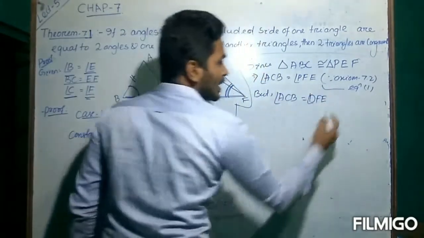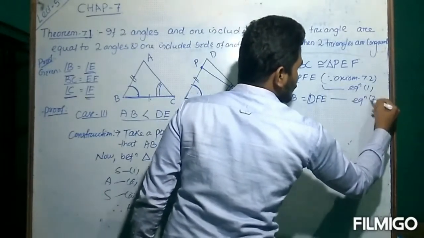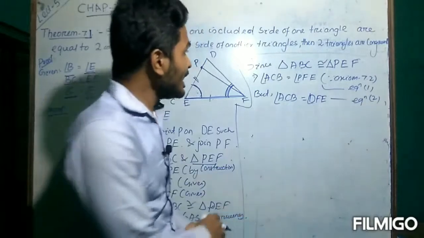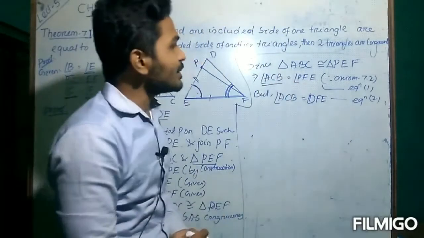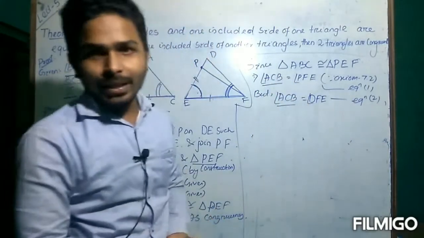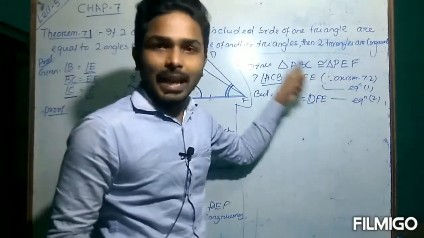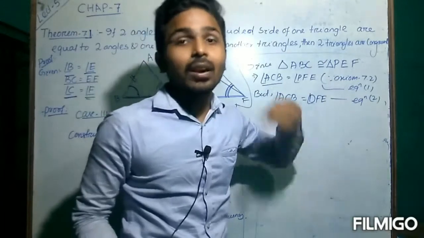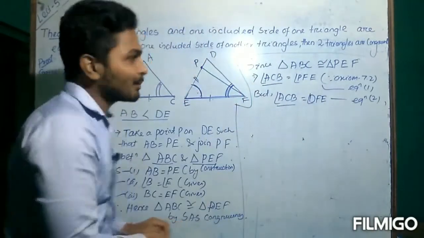Okay, it is given. Suppose it is equation number 2. Now you look at equation 1 and equation 2. You can see here the left hand side is angle SCB, and here also the left hand side is SCB. And we know if in two equations any two sides are equal, then the other sides must be equal.